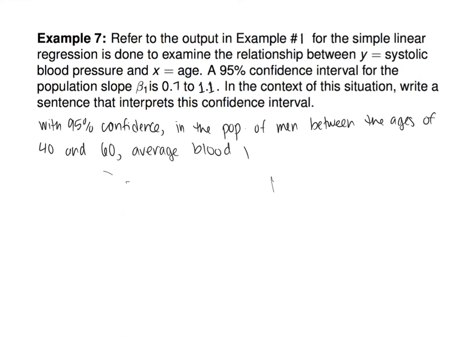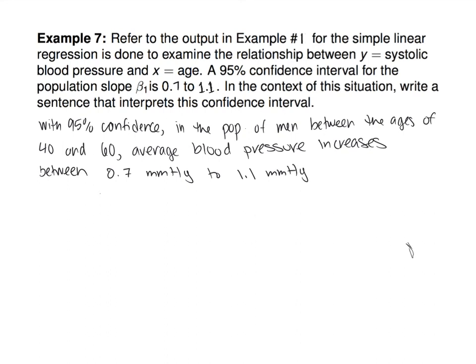Average blood pressure increases between blank and blank, so between 0.7 millimeters of mercury to 1.1 millimeters of mercury for each 1 year increase in age.